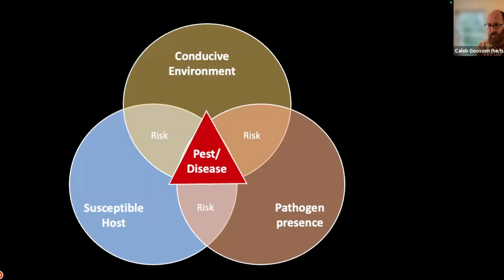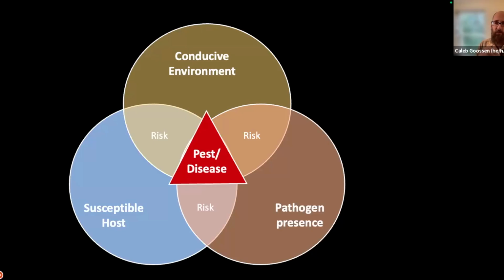The other idea that you're going to see pop up again a couple times is called the disease triangle. I'm saying it's also the pest and disease triangle. It's the idea that you really need three things for these problems to show up. You need a susceptible host, your tomato plant or whatever; a conducive environment, when it's too humid or too rainy for too long, or it's warm enough for whatever pest insect to really go crazy; and you need that pathogen or that pest to be present.